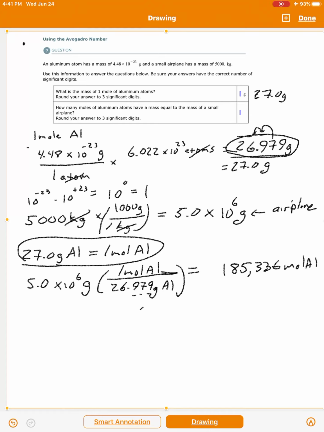If you put the 8 in there, that's only going to change the answer out here, which is not an issue. Again, we want to round it to 3 sig figs. So 1, 2, 3. So it's 185,000. That's how many moles of aluminum are in 5,000 kilograms for the airplane.